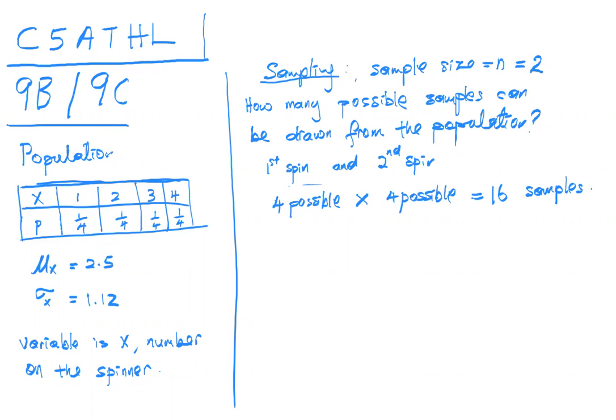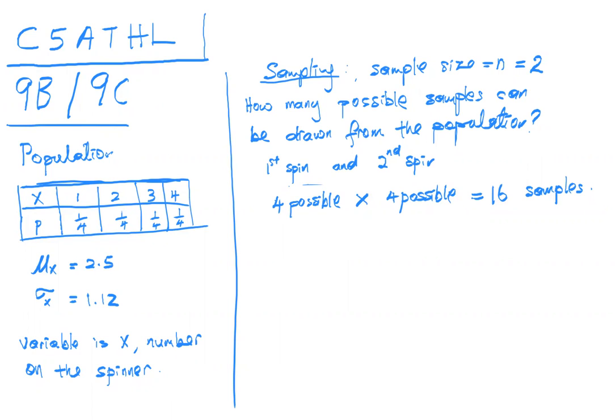So you can imagine if you have hundreds in the population, how many possible samples can you get of size 2? 100 times 100. So in real life, it is not possible for us to get the exotic samples. Exotic samples means you take all the samples into consideration.